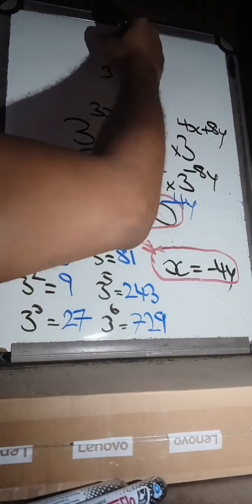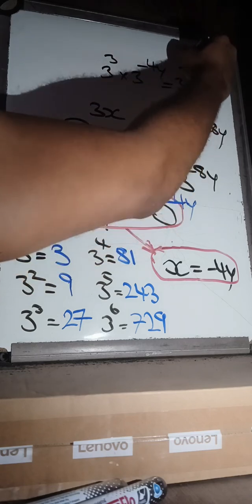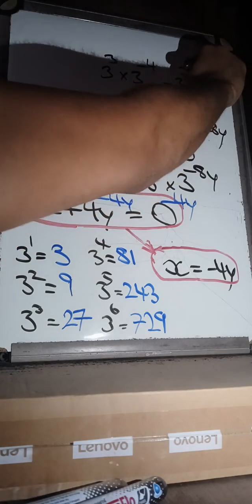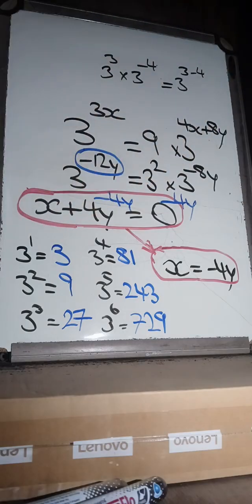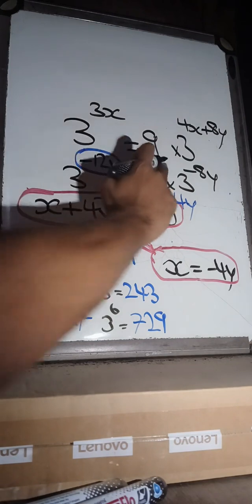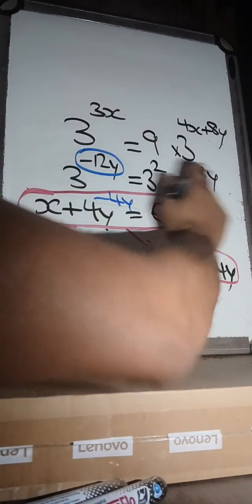Similarly, if you had 3 to the 3 times 3 to the minus 4y, it would become 3 to the 3 minus 4y. So if we follow those rules, then we're okay, right? So let's see what happened now. This is going to become 3 to the 2 minus 8y.